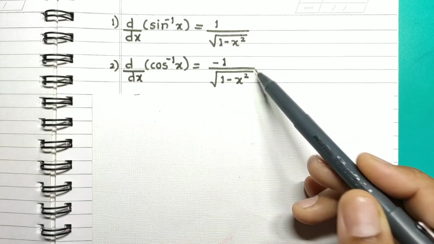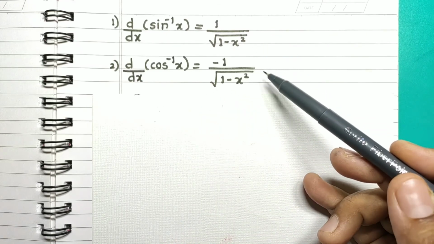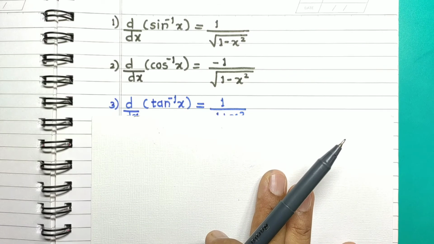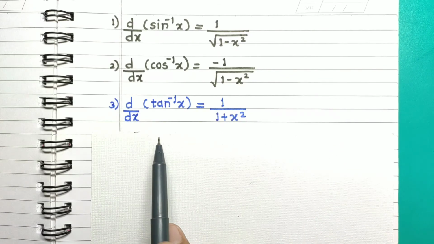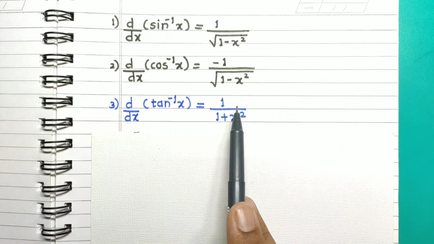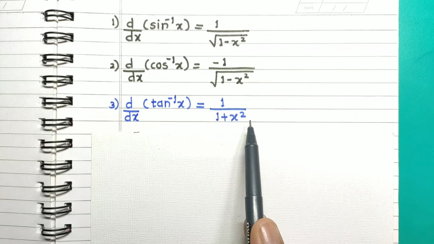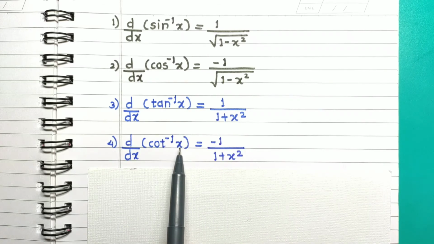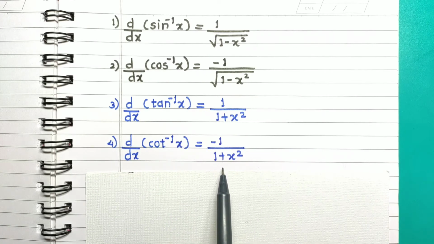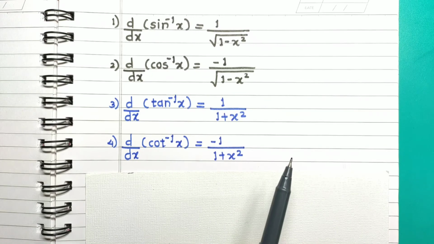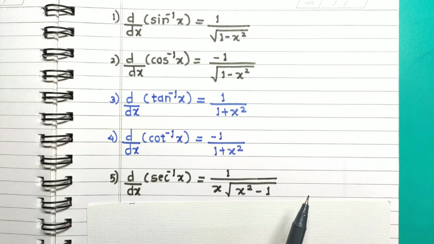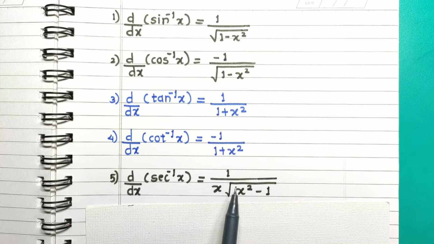See, both these results are easy to remember in pair. Then next result, derivative of tan inverse of x is equal to 1 upon 1 plus x square. Next, derivative of cot inverse of x is minus 1 upon 1 plus x square. Then derivative of sec inverse of x is 1 upon x into square root of x square minus 1.